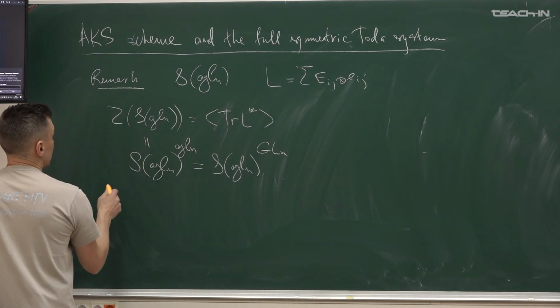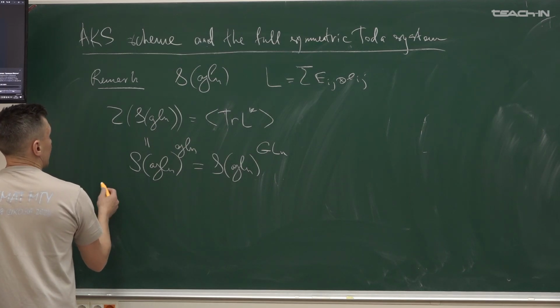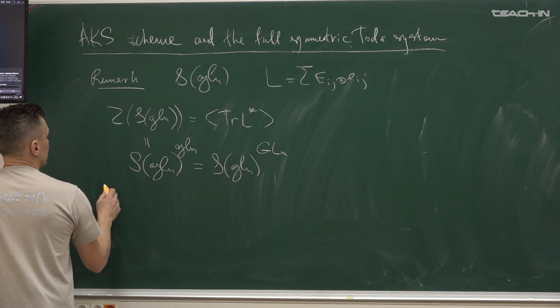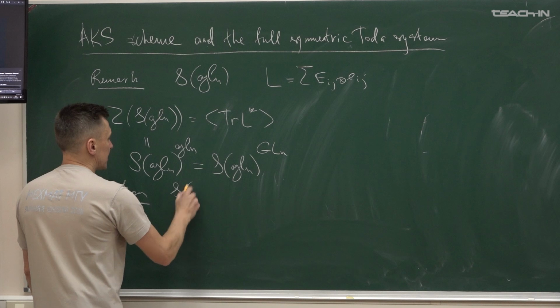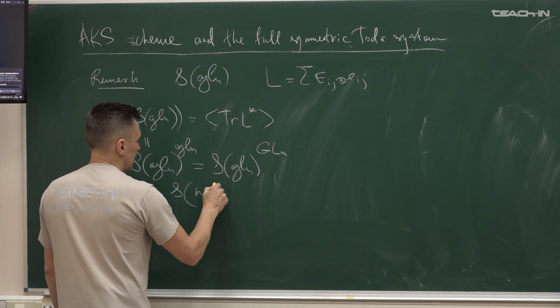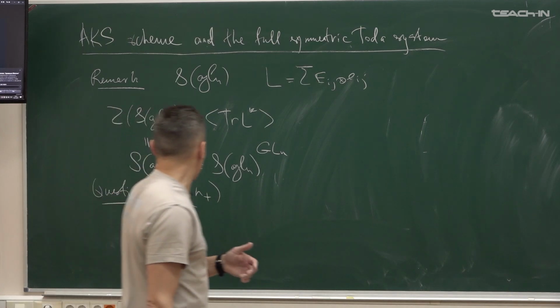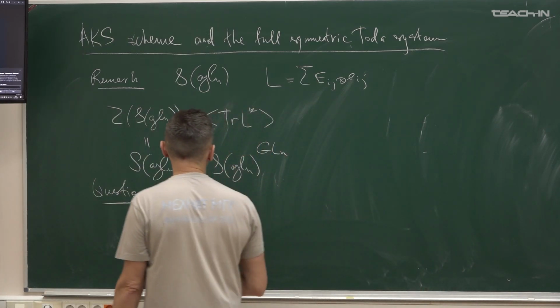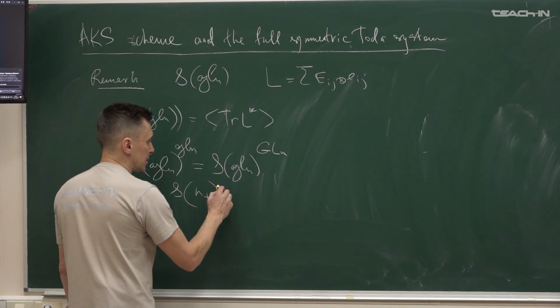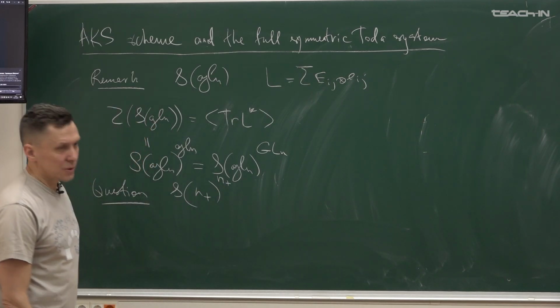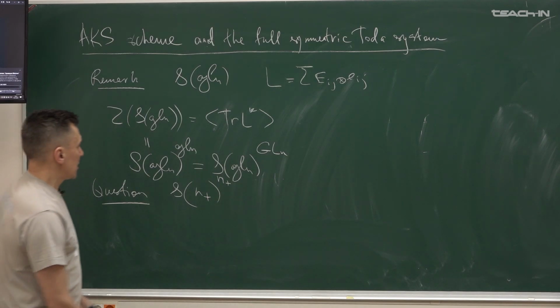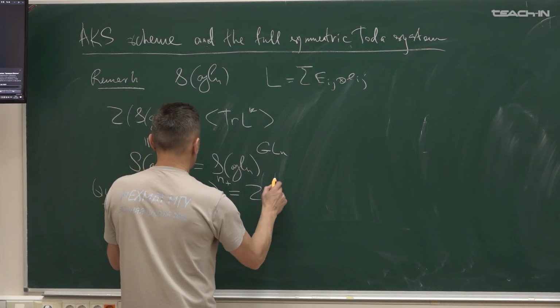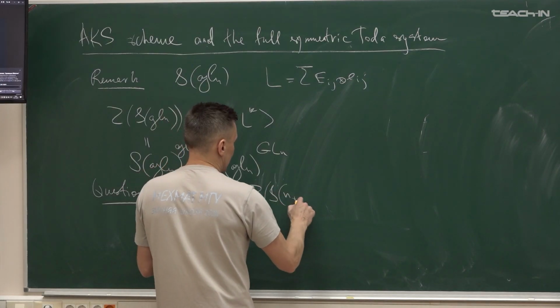There is another question. So let us consider the nilpotent Lie algebra and its symmetric algebra, and the question will be, what are the invariants or the central elements in this algebra S of n plus.